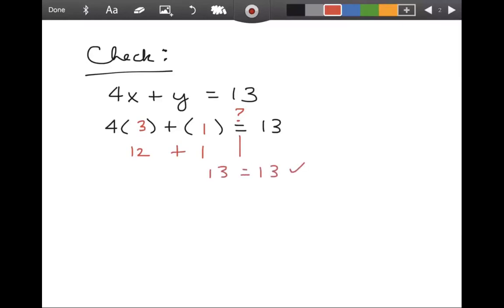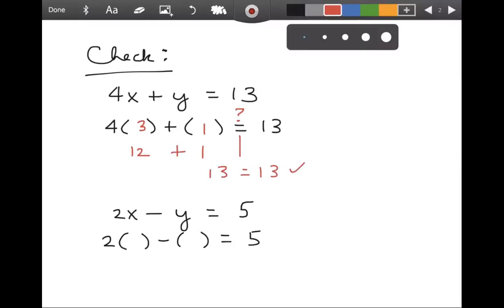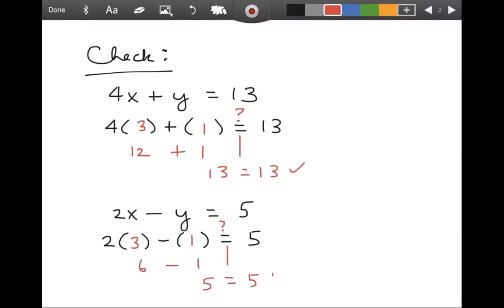Okay, and then the other equation was 2x minus y equals 5. So we'll write 2 blank minus blank equals 5. And when I put in 3 for x and 1 for y, 2 times 3 is 6. 6 minus 1 is 5. Woohoo! So the solution really is 3, 1.